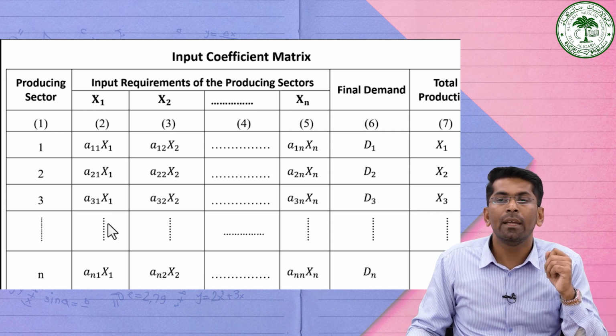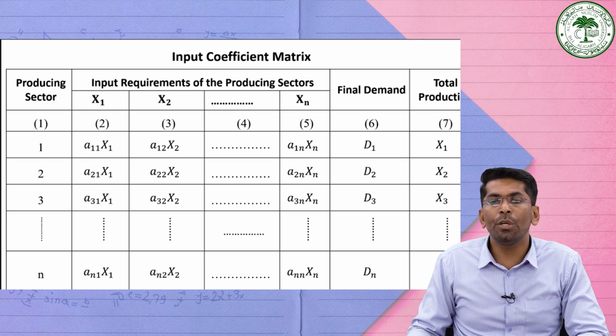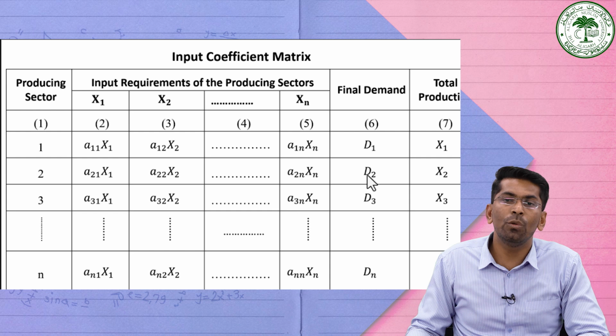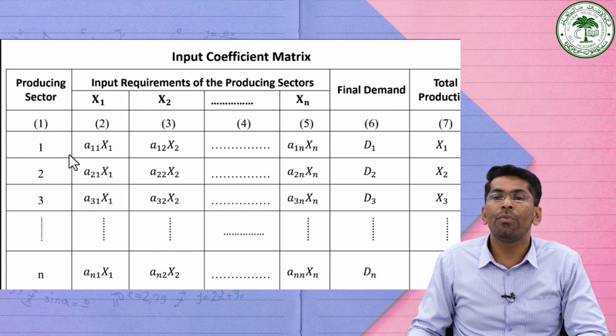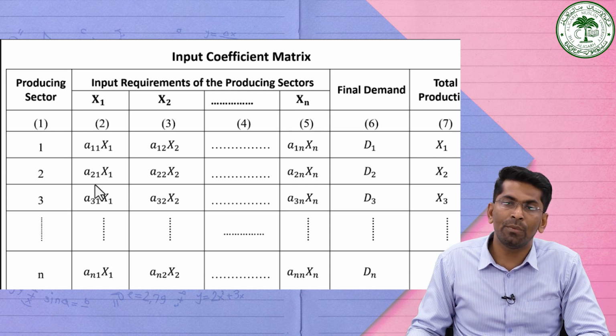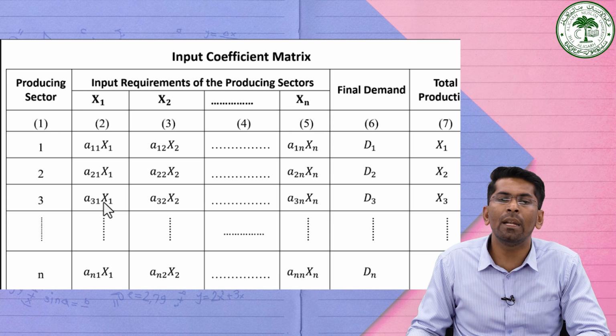So a11 is actually showing the proportion of x1 that is used as an input from the first output of the producing sector in the economy. a21 is the proportion of x1 used as input from the second output of the producing sector, and so on we can interpret accordingly. a12, a22, a32, all these are interpreted accordingly.